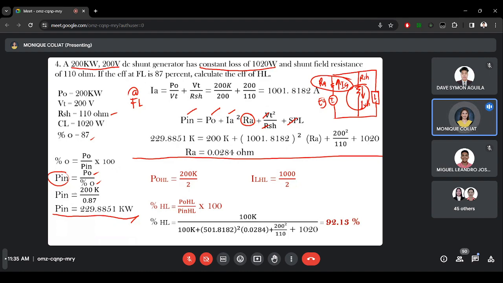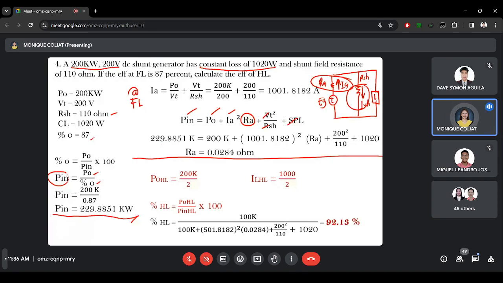Paano natin kukuhanin? From this circuit, IA is IL plus ISH, right? IL is PO over VT, ISH is VT over RSH. So we have 200,000 divided by 200 plus 200 divided by 110. Therefore, IA is equals to 1,001.8182. Okay, that is your IA.